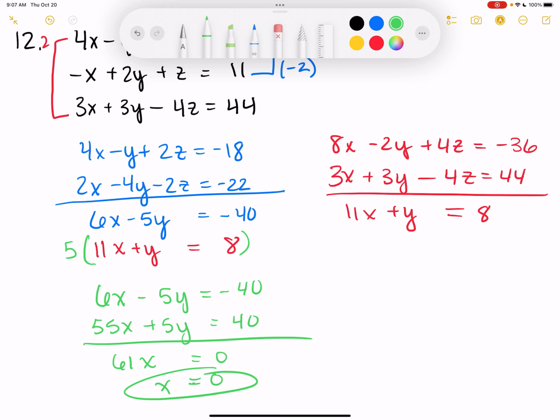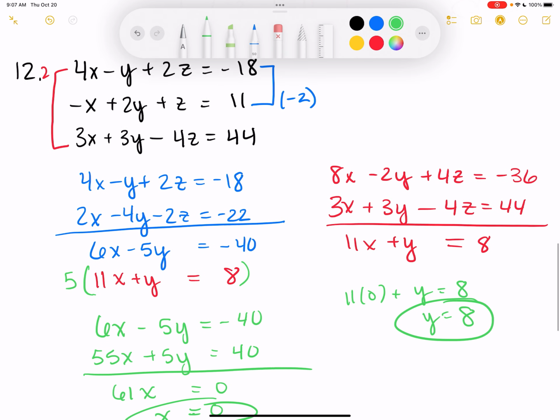So then I take it and plug it into one of the original ones. Do you want blue or red? Red, okay. So 11 times 0 plus y equals 8. So y equals 8. And then we're plugging into one of the original ones. You want 1, 2, or 3? 2.